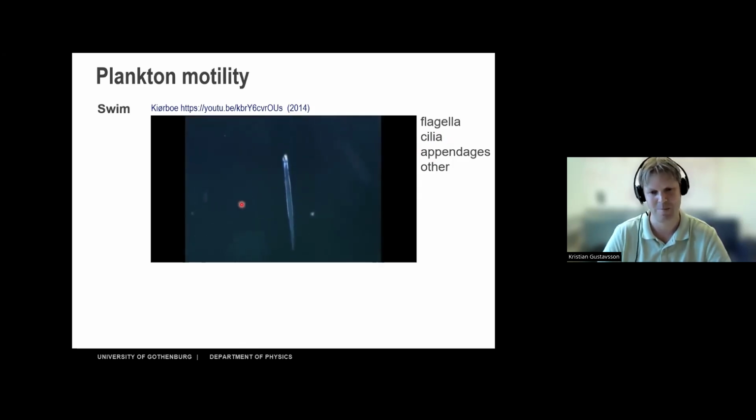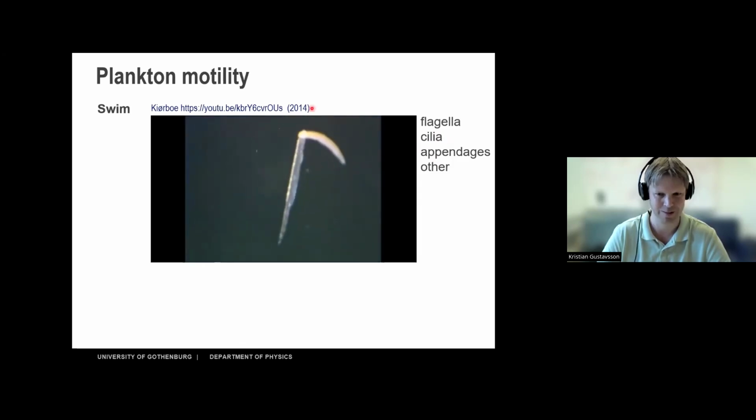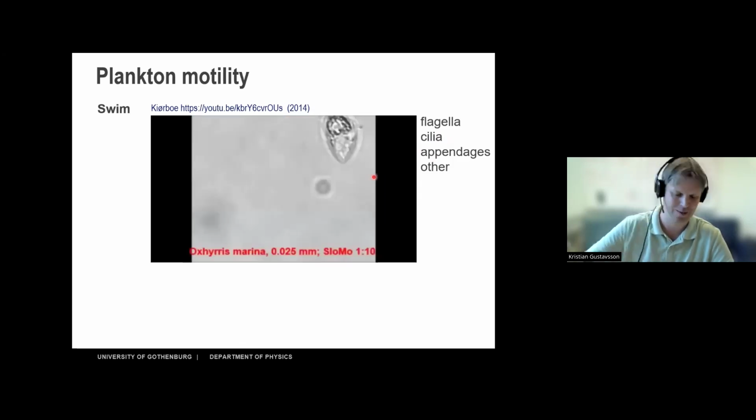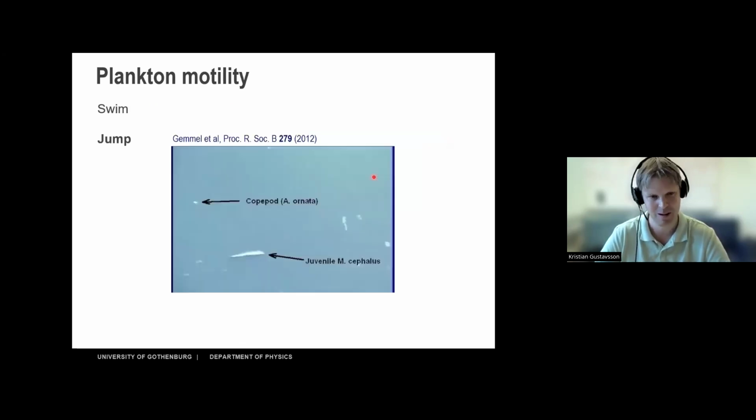There are many different swimming behaviors, and here is a more exotic one, a pogo-style swimming behavior where it has an appendage that it cyclically beats.